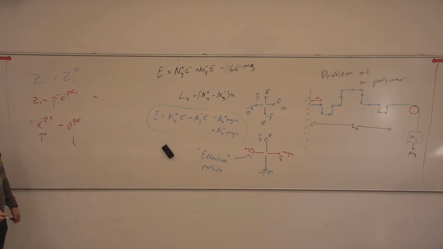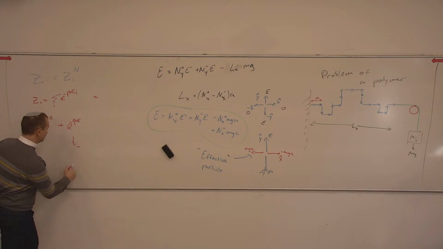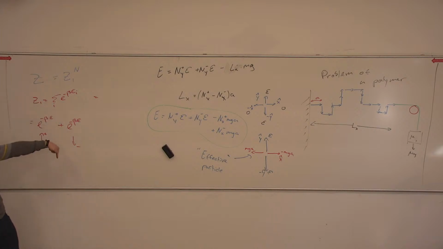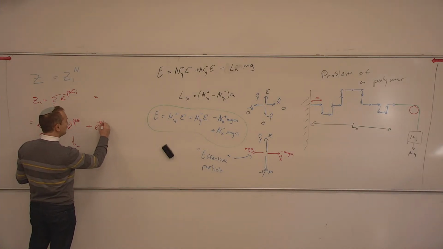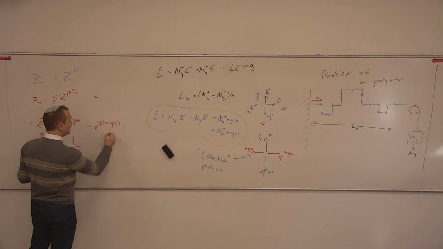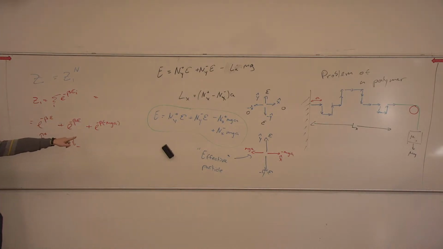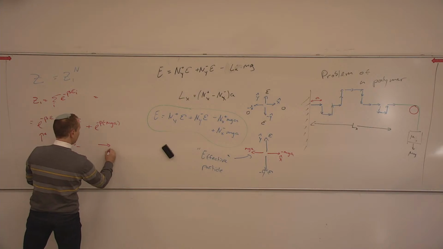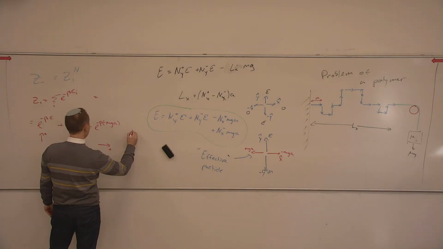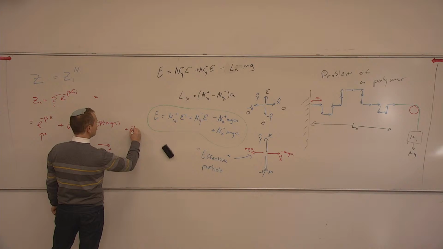Those are the particle states associated with the monomer going in the downward direction. Plus e to the power minus beta minus mga. This is the contribution of the state that is pointing to the right. And plus e to the power minus beta mga.